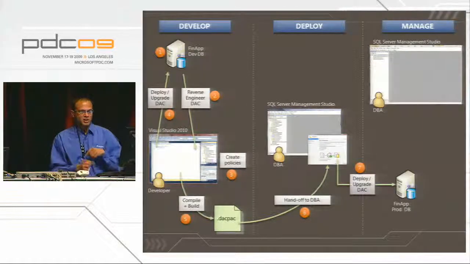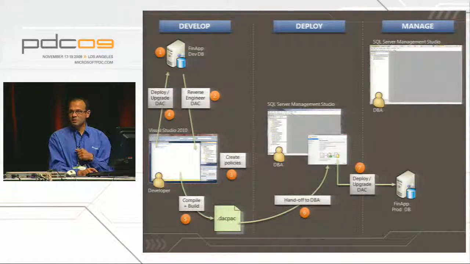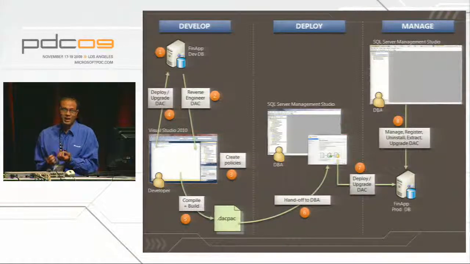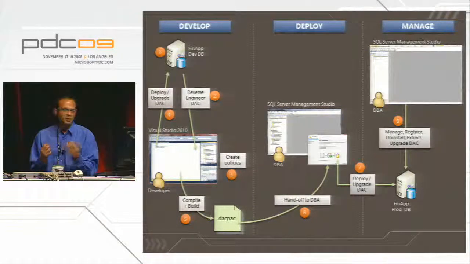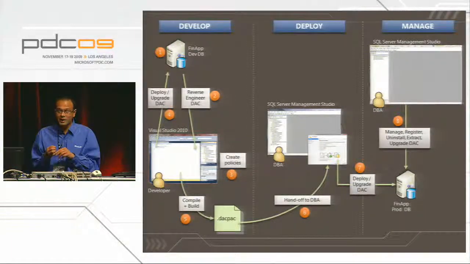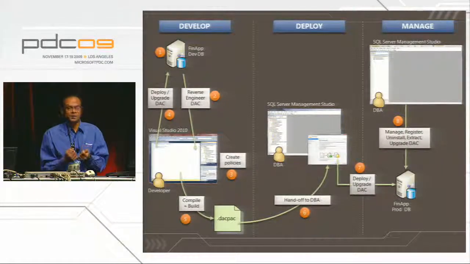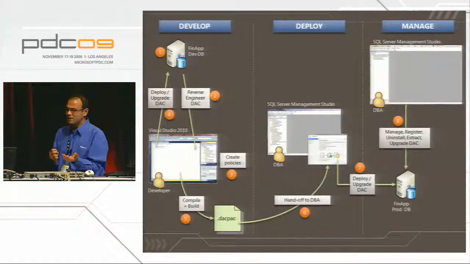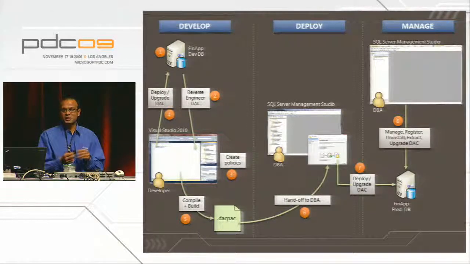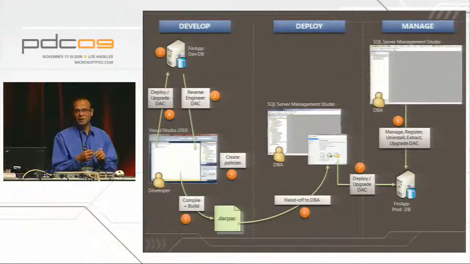Once it's on the production box, you can fire up SQL Server Management Studio again and connect to the production box directly to do things like manage, maybe register a new data tier application, uninstall a data tier application, and even upgrade. In SQL Server 2008 R2, as I was telling you earlier, we've introduced this notion of the SQL Server utility.